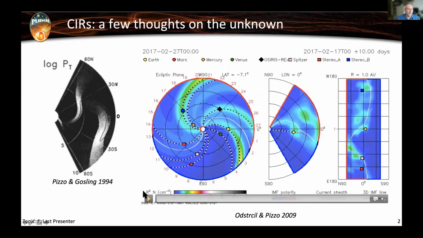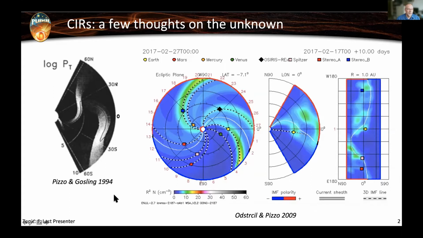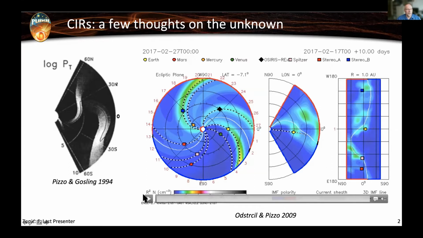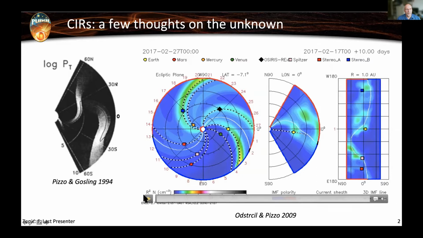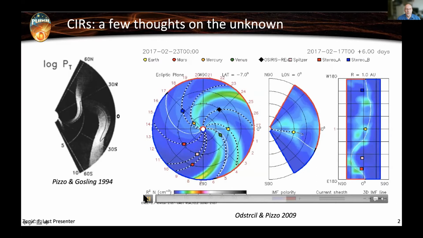An example here: this first slide shows a Pizzo and Gosling drawing from 1994, an artist's conception, or an informed scientist's conception, of what a CIR might look like in the equatorial plane, right? Looking across, as PUNCH will. And you can see there are a couple of different fronts here, and they have sort of complicated curvature, but they look sort of S-shaped.